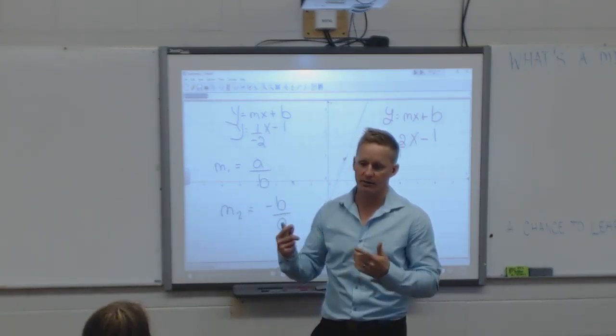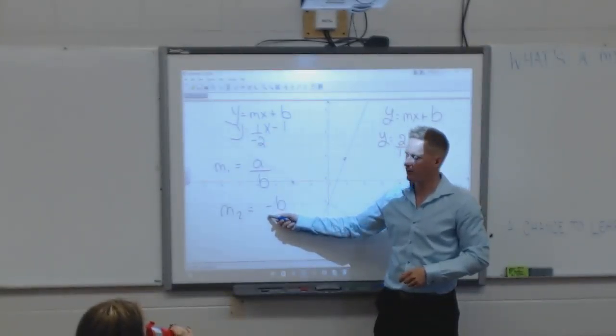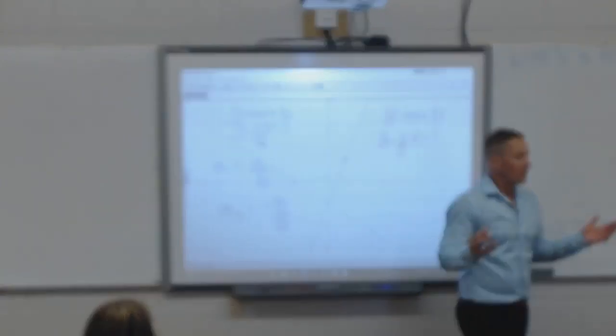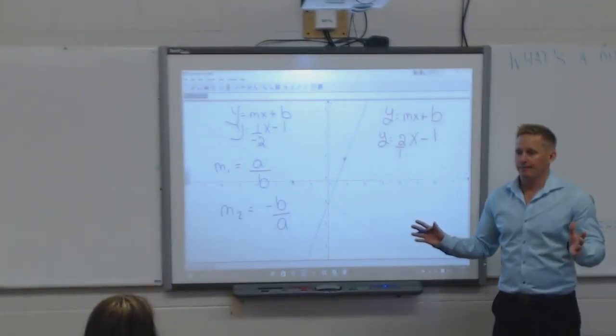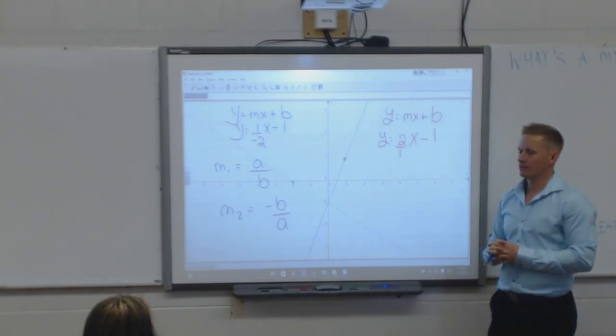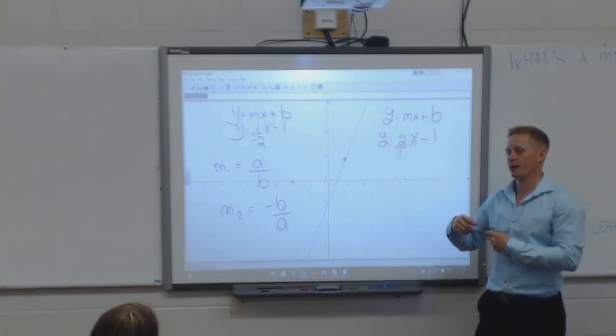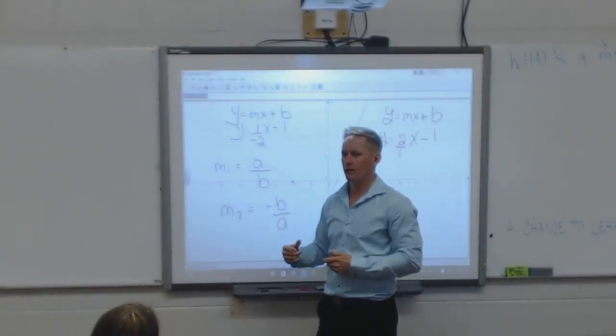It doesn't matter as long as one of them has the negative or it's in front of it. Any questions about that? If both A and B had negative signs, would that mean it's not perpendicular? Well, that would mean that they're positive, which would be just flipped, but not a negative reciprocal.